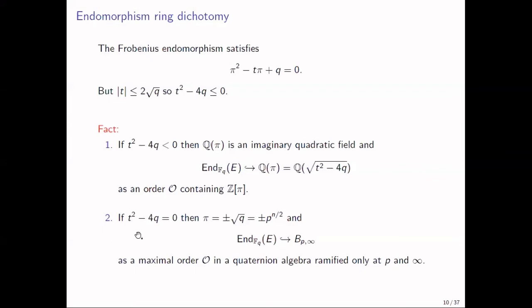Now, if the discriminant is 0, then this quadratic has a repeated root, and you can solve for this root.